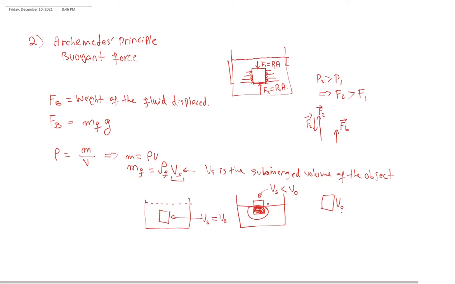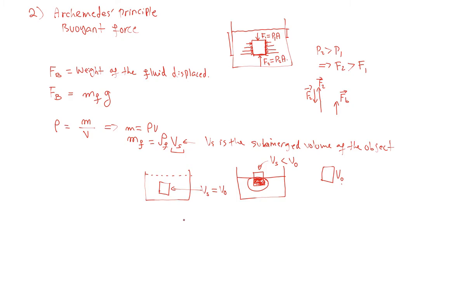Okay, so now going back to buoyant force, the mass of the fluid which is being displaced uses the density of the fluid. This is not the density of the object being submerged. This is the density of the fluid times the volume submerged. So this is mf, then F buoyant becomes mf, which is now rho F times Vs times g.